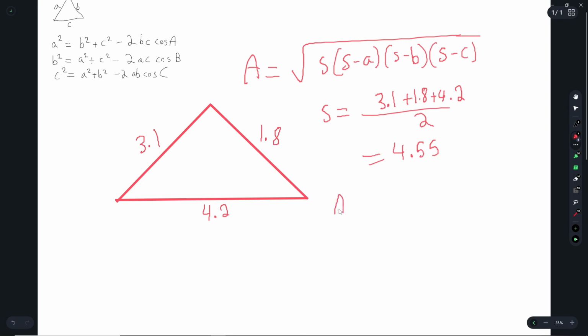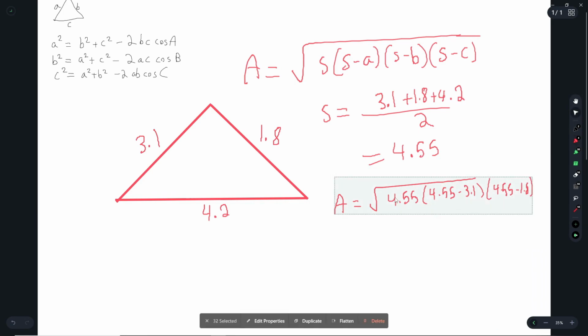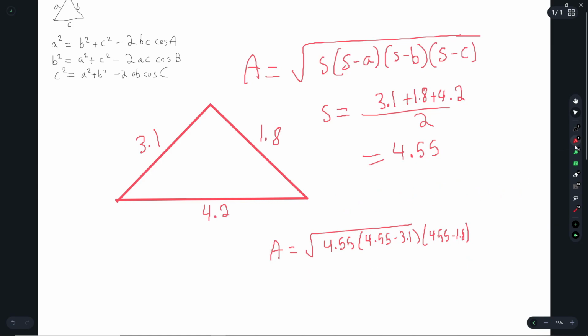So A is equal to radical 4.55 times 4.55 minus 3.1 times 4.55 minus 1.8, I'll move it to the side, times 4.55 minus 4.2.